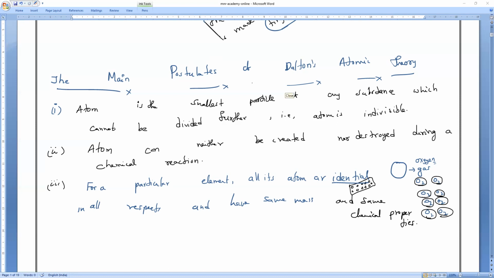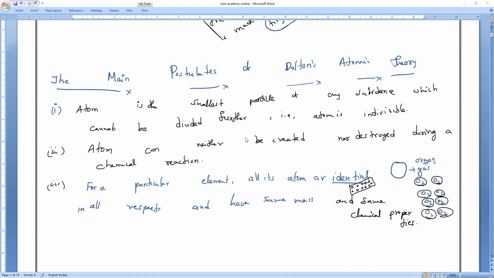What Dalton said about the atom is only Dalton's atomic theory. Nothing else. He is speaking about atoms, about the particles of matter, giving what an atom is and how the atom will be. That is what we call Dalton's atomic theory.